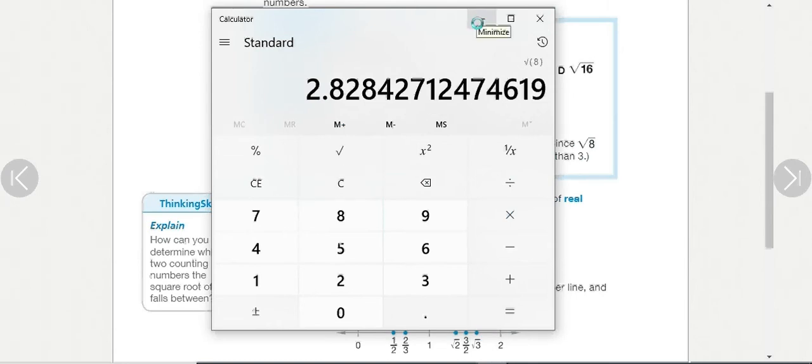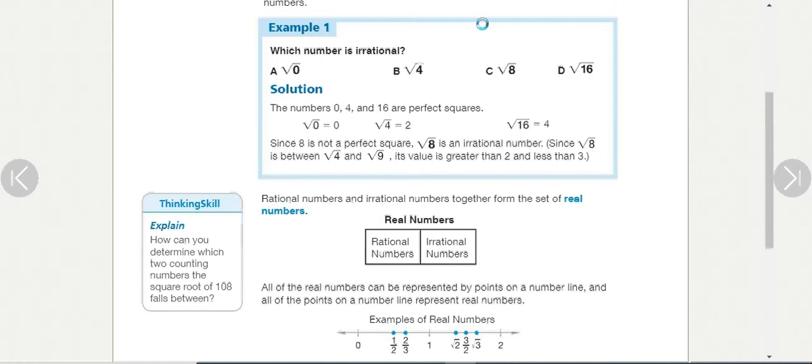So I can't show that as a rational number with a divisor. Square root of 8 is actually an irrational number. The cube root of 8 is 2, but the square root with an understood index of 2, that's irrational. These are actually all perfect squares. Even the square root of 0 technically is 0. So these are the real numbers because they can be shown on a number line.